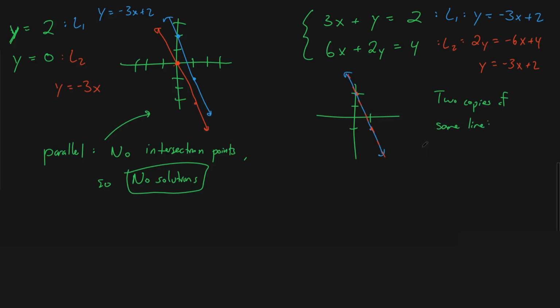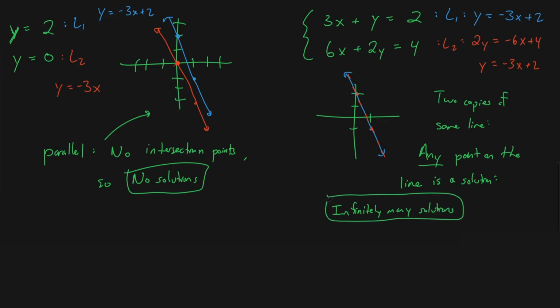And so what this means is any point on the line, because there's only one of them now, any point on the line is a solution. So this is when we have infinitely many solutions. Any ordered pair you can name on this line, that's a solution.